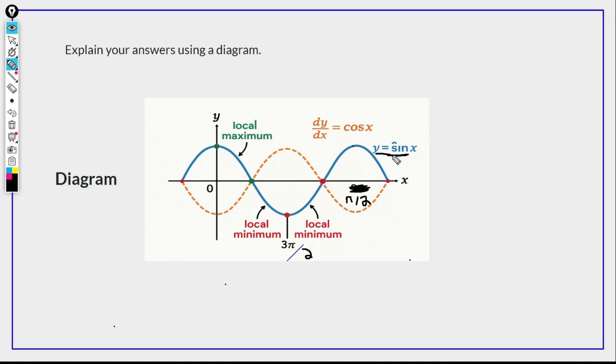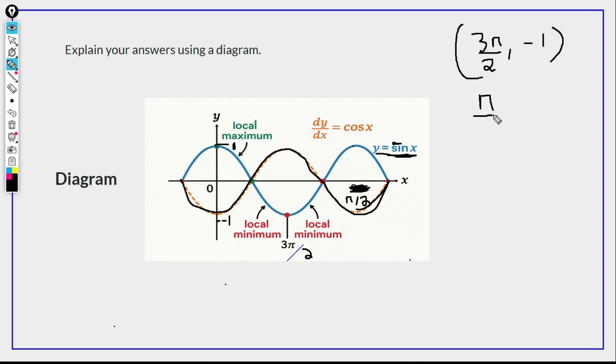At 3 pi over 2, the point is 3 pi over 2, negative 1, and at pi over 2, the point is pi over 2, 1. This is our cos x. We have our points.